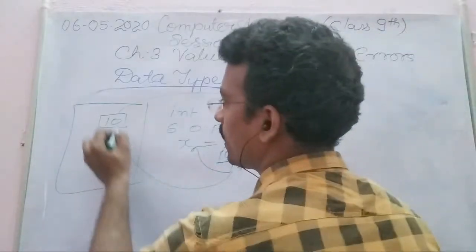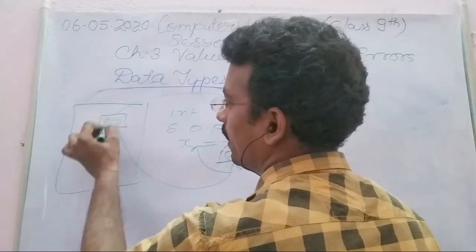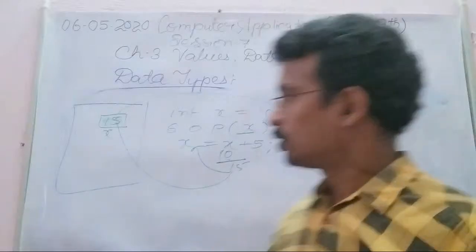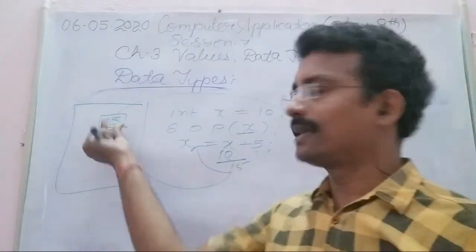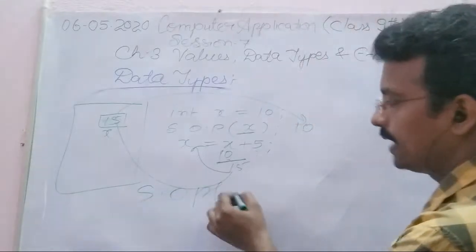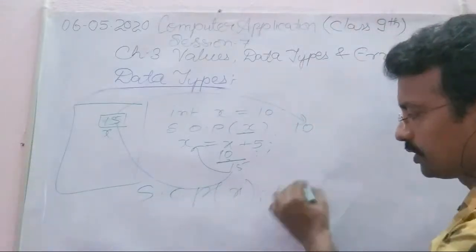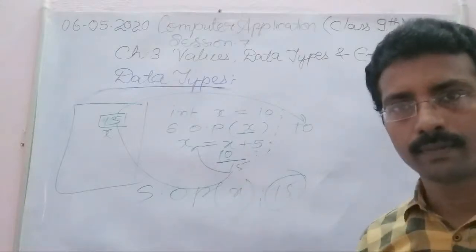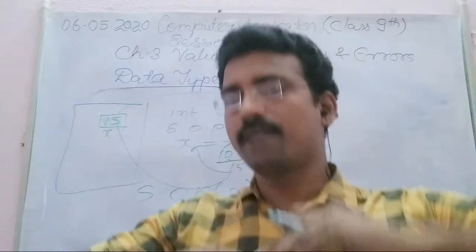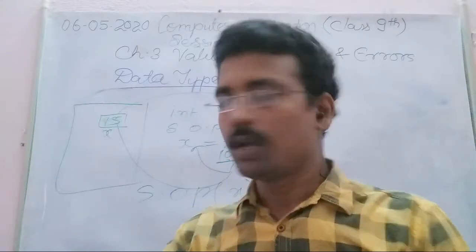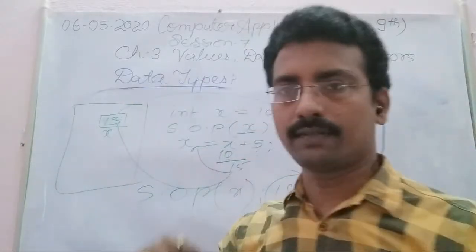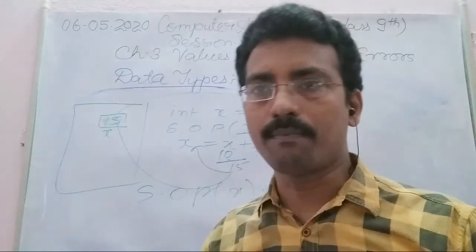This 15 is overlapped on the last number, so this 15 will go as the new value for x. Now if I write system.out.print x, what output will you get? 15. This is the use of a variable. Variable means a variable can contain multiple values. How? This way. Every time a new value can overlap on the last value.